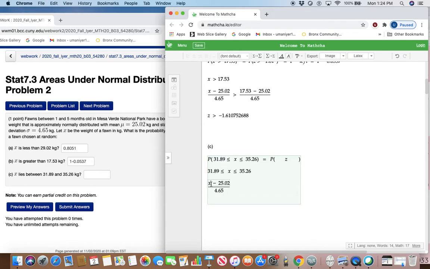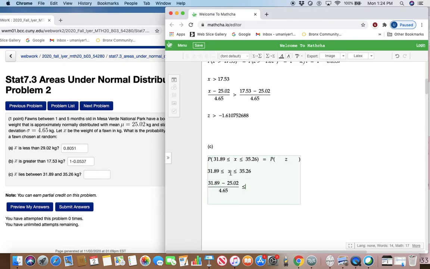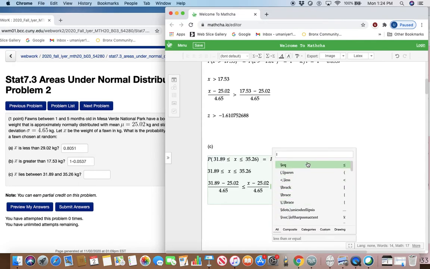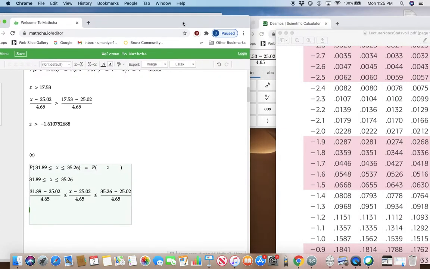The first one is with 31.89, the second one is simply with the x, and the third one is with 35.26. We need to find these endpoints.